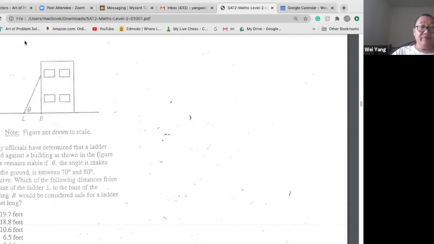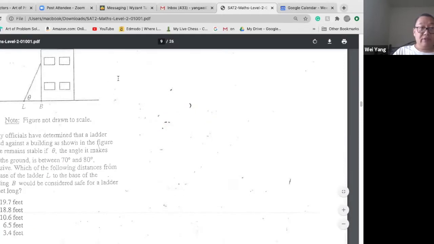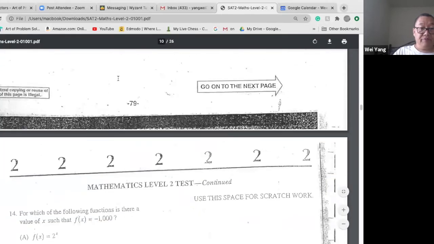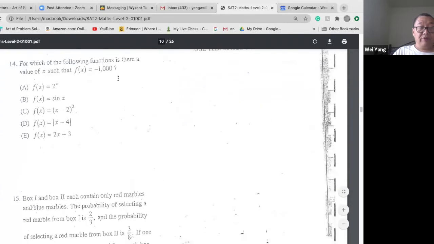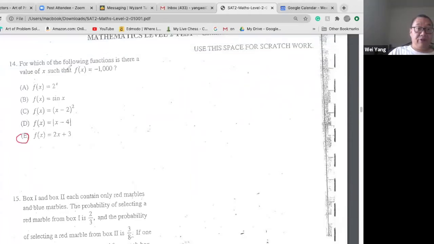Very good. Now let's go to 14. What's your answer for 14? E. Which one? E, okay. For which of the following functions is there a value of x such that this equals negative 1,000?